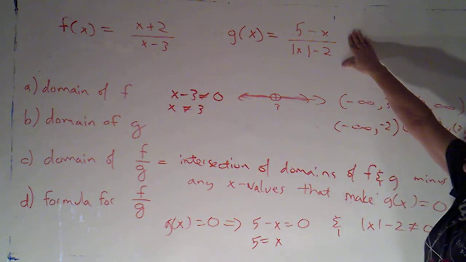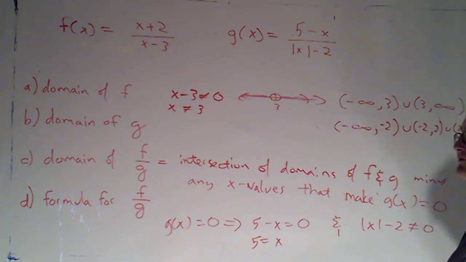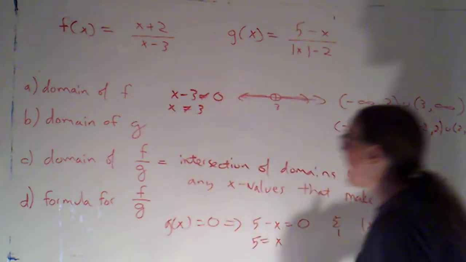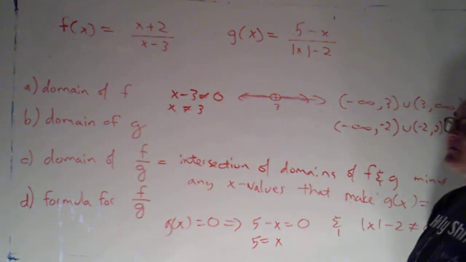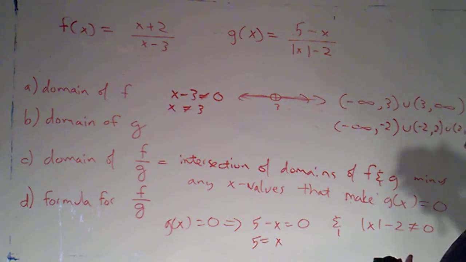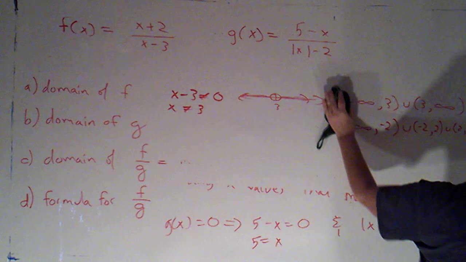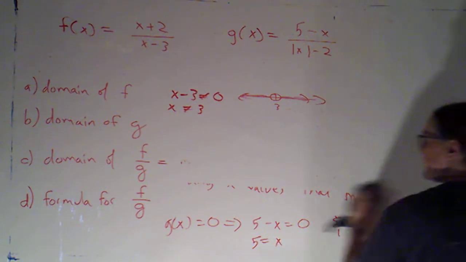So 5 is the only number that would make g equal to 0, so I'm going to have to remove that from the intersection of the domains of f and g. So let me just draw my picture and line things up.